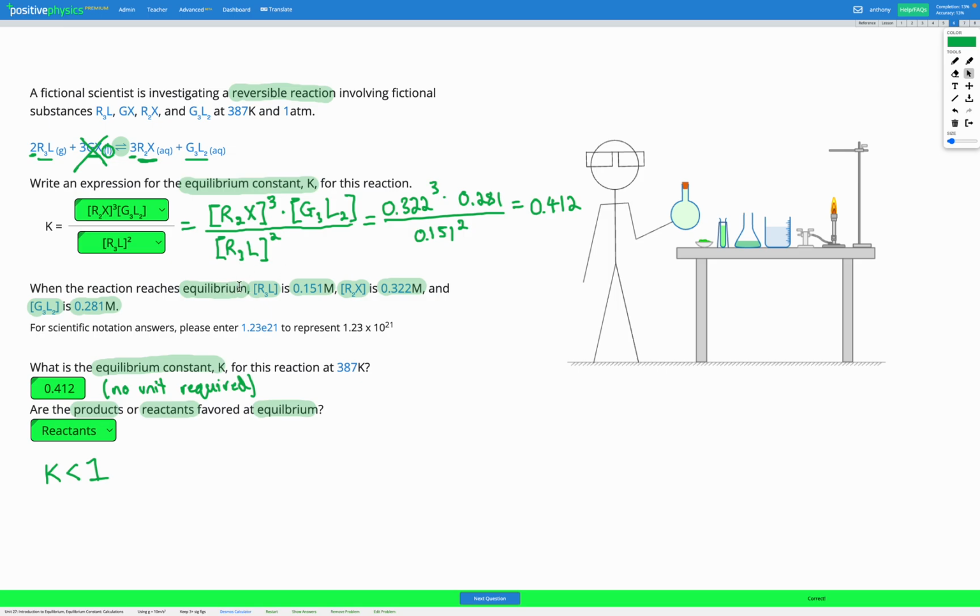Then, to find an equilibrium constant, all we do is plug in our numbers for our concentrations when the system is at equilibrium, and that's going to get us our value for K, the equilibrium constant, at that temperature. If K is less than 1, reactants are favored at equilibrium. If K is greater than 1, products are favored at equilibrium. If K is equal to 1, then neither products nor reactants are favored at equilibrium.